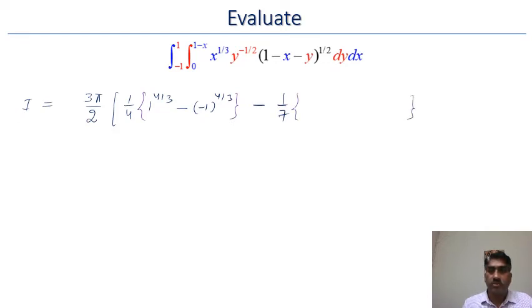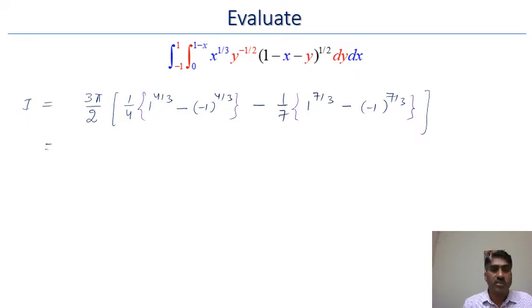So we have 1 to the power 7 by 3 minus (minus 1) to the power 7 by 3, and this is the evaluation of I. Now you can see that 1 to the power 4 by 3 is 1, 1 to the power 7 by 3 is 1.